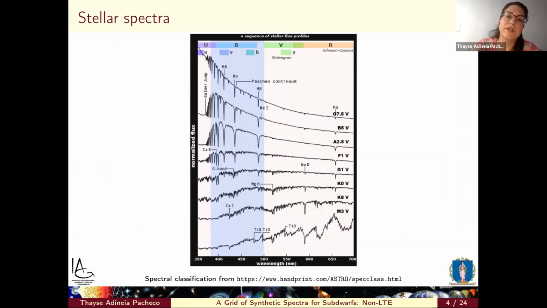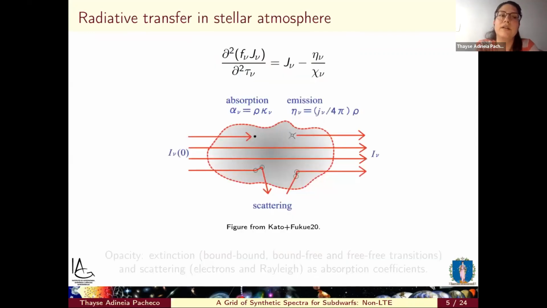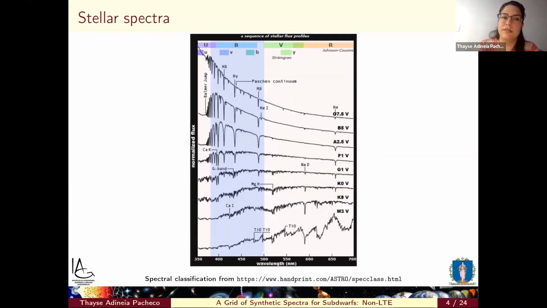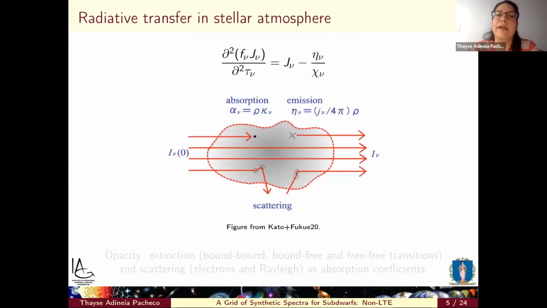These stellar spectra are showing the stronger ultraviolet emission for hot stars. Talking about radiative transfer in stellar atmosphere, these stellar spectra are computed based on a stellar atmosphere structure.